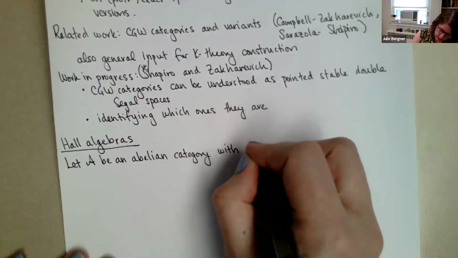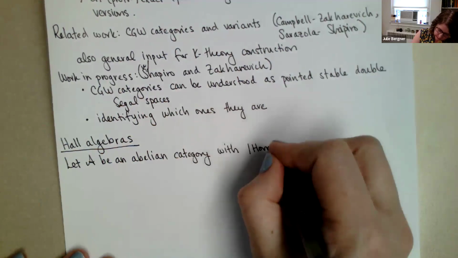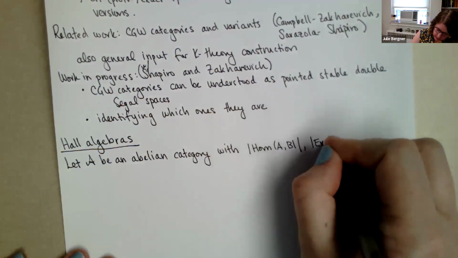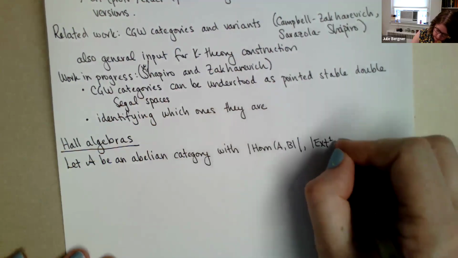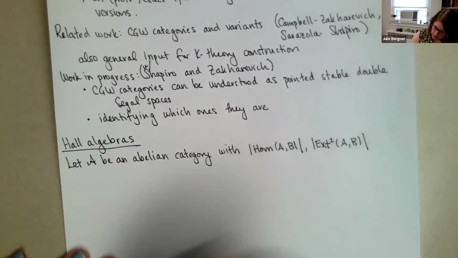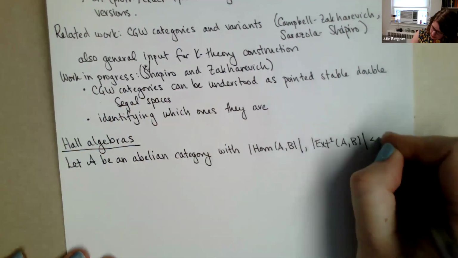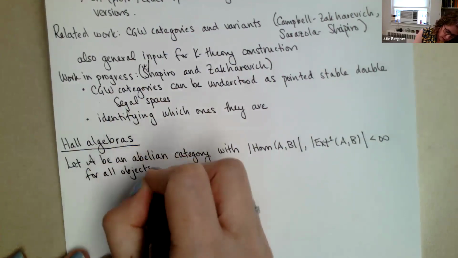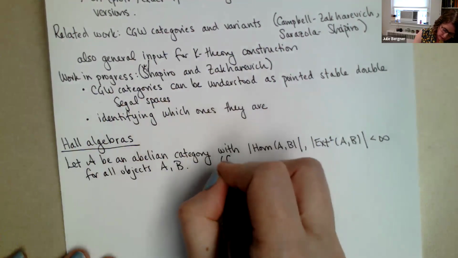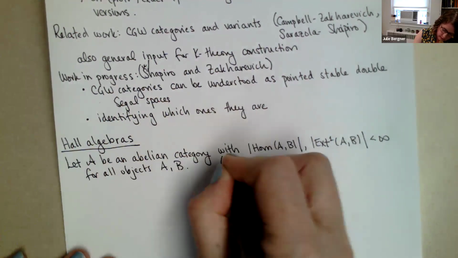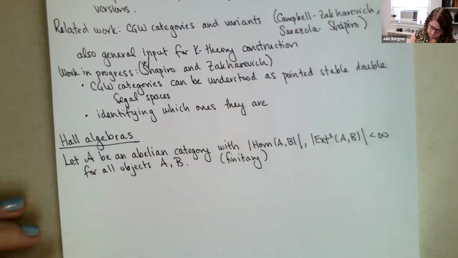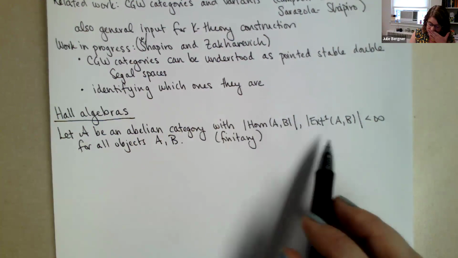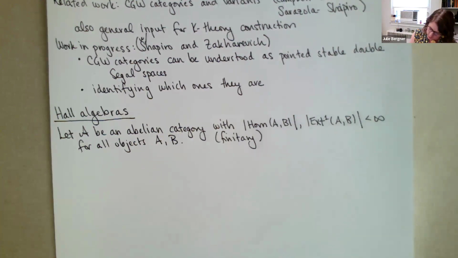So we're going to assume that all the Hom sets and all the extensions are finite, for all objects A and B, and this is often what's called being finitary. I don't know that I need it for this. Often it's assumed that these are hereditary and that they have no higher Ext groups either.